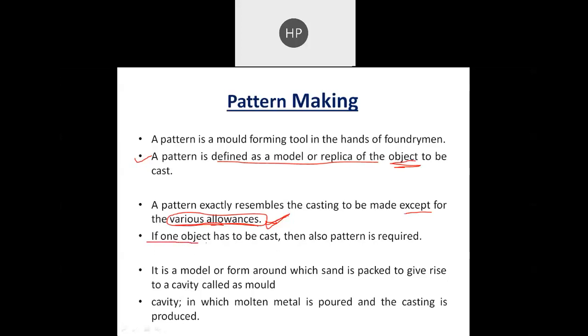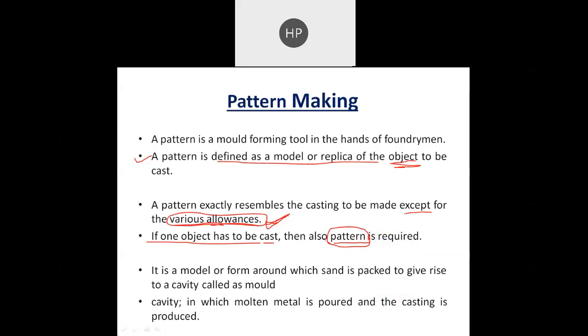If you want to cast only a single object, then also you require a pattern. So pattern is the first and foremost component required for casting. If you do not have a pattern, you cannot do casting.